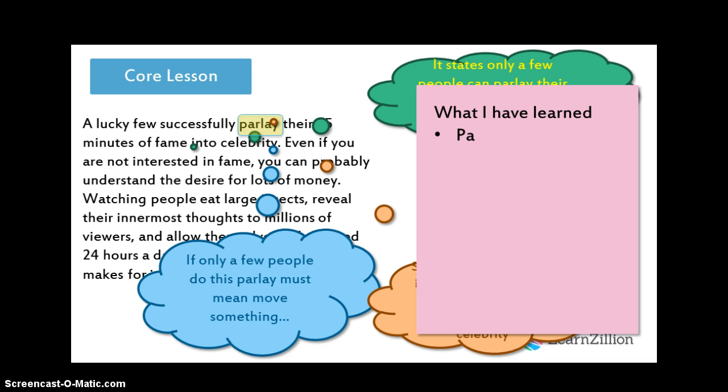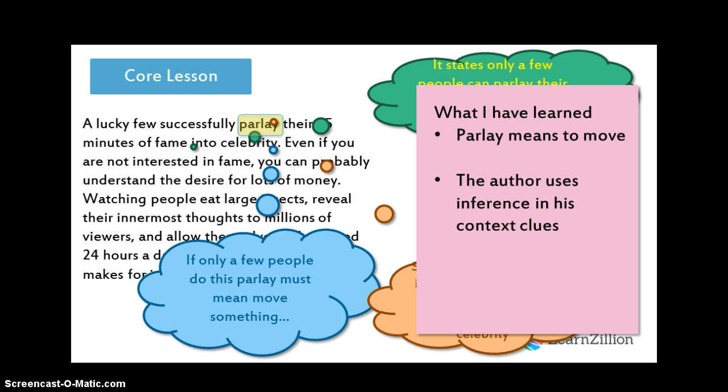What have I learned? Well, I learned that parlay means to move. The author uses inference in his context clues. I use what I know to predict what the meaning is.